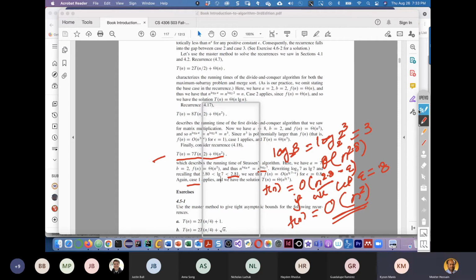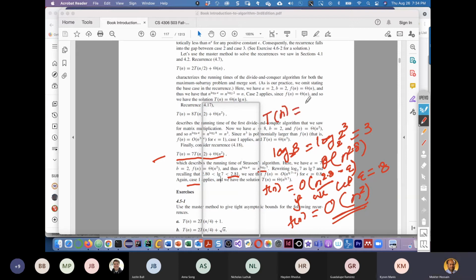Yes, sir. With the problem we just did, T of n equals 7T, why is it 8 throughout the problem? Which line? I thought it would be log 2 of 7.